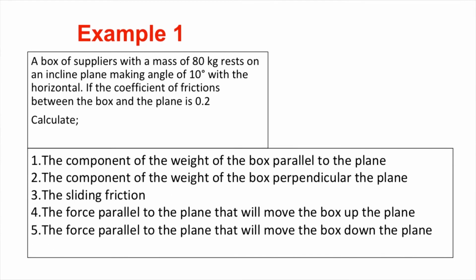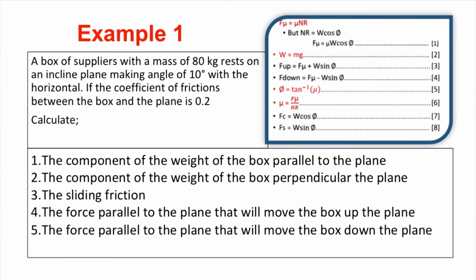We are expected to calculate the component of the weight of the box parallel to the plane, the component of the weight of the box perpendicular to the plane, the sliding friction, the force parallel to the plane to move the box up, and the force parallel to the plane that will move the box down. Do you still remember our equations?